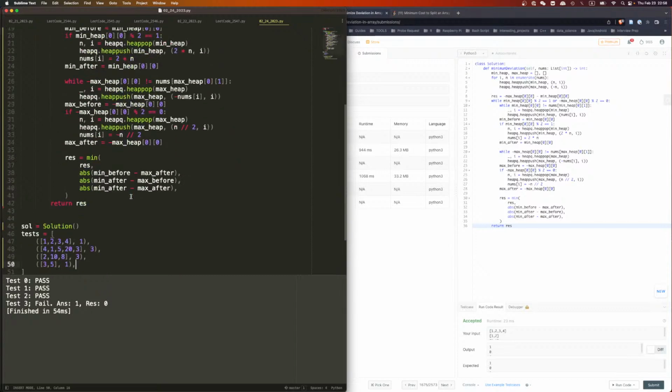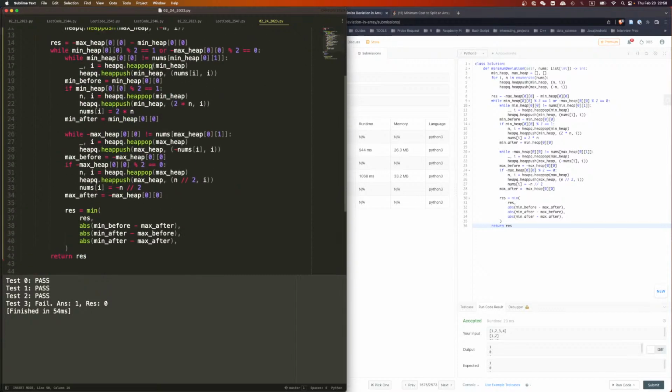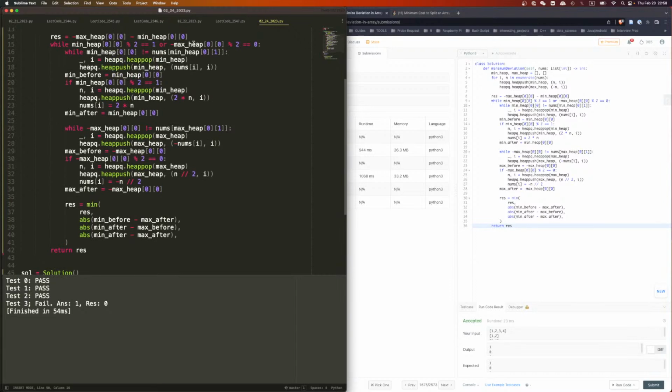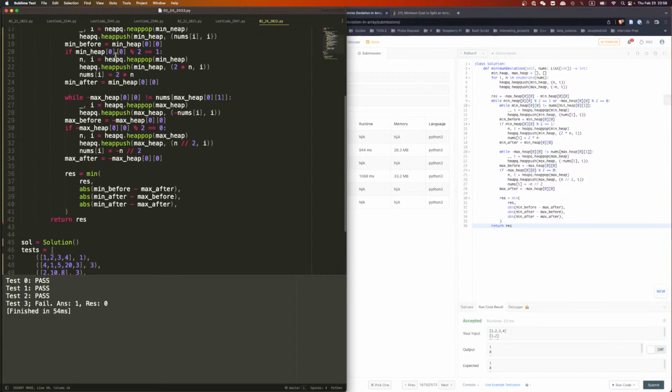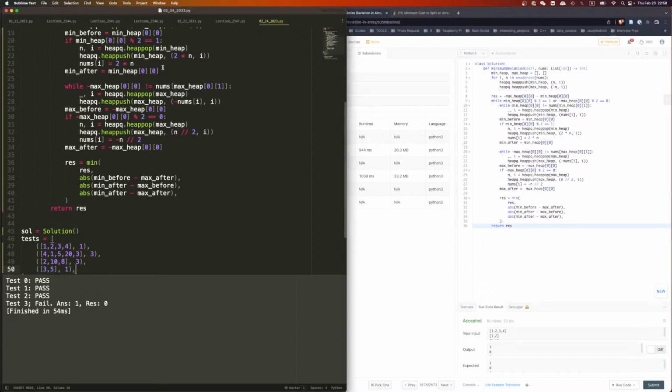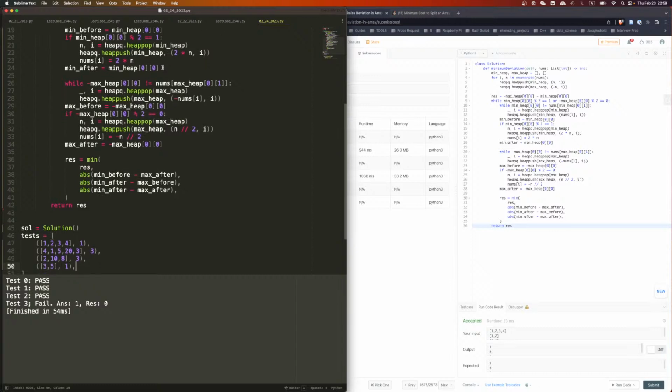3, 5. Initial is 2. Okay, min heap is 3, max heap is 5. Okay, come on. Current, if it's this, that should be 6. Max heap is the same. Max heap of 4 is 5.